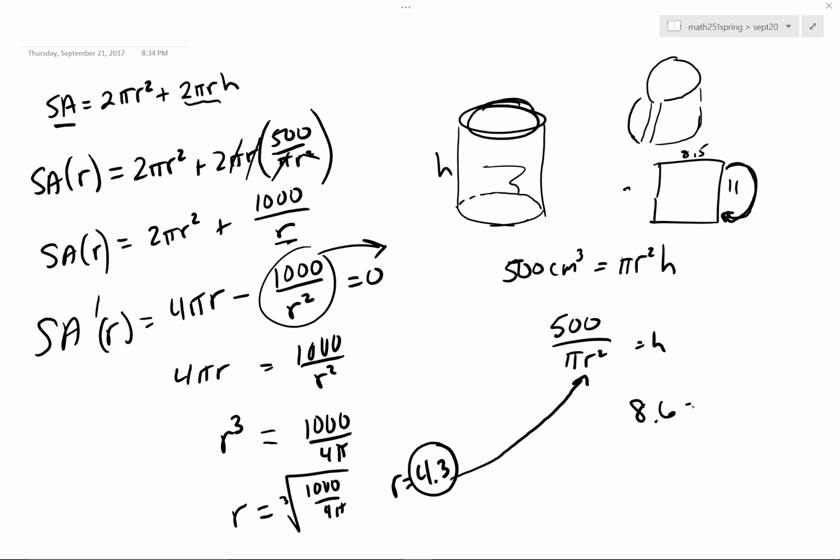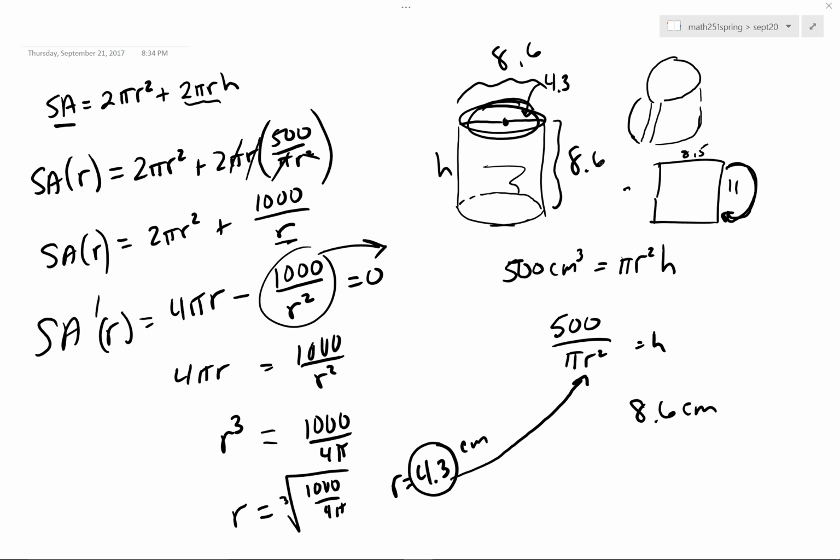Like, how do you know that, Jay? Well, I've been doing this a while. I'm an old man. Look, if the radius is 4.3, what's the diameter? Oh my goodness, it's 8.6. And the height is 8.6. Friends, you just made what's sometimes called a square cylinder.